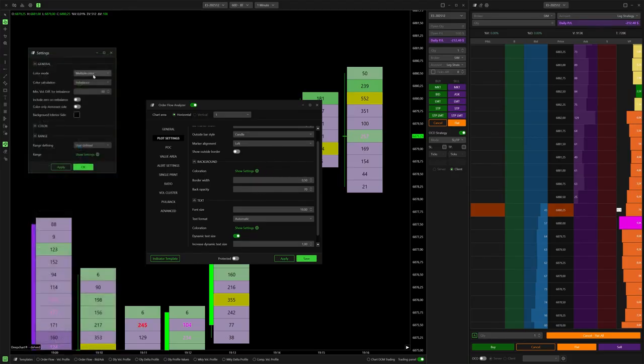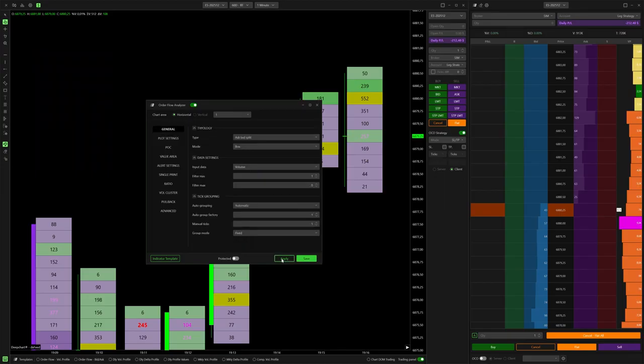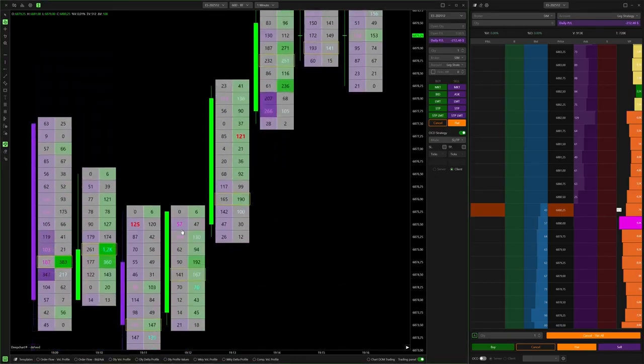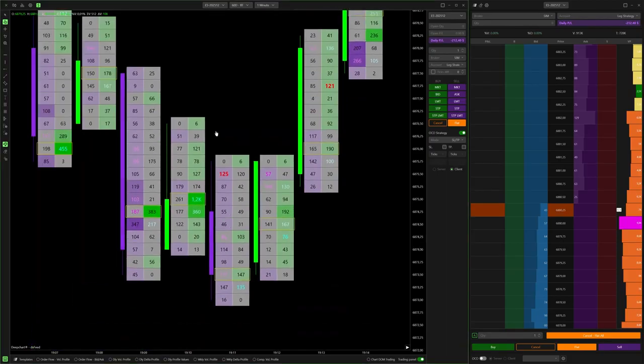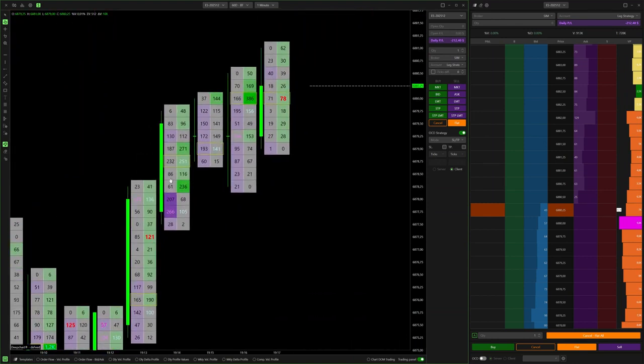And you're going to apply and save. Put it back to ask bid. And now you're going to see also those red when there's a huge imbalance, right? And this is the footprint chart.